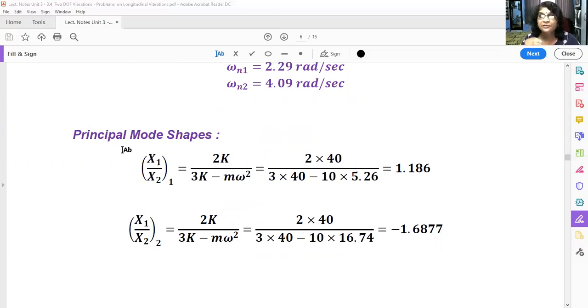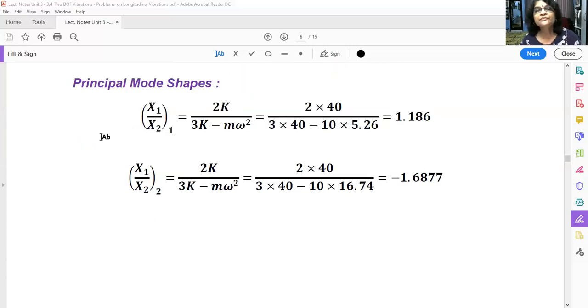And the third category is if every point on the system vibrates with the combination or the superposition of both the natural frequencies, that is known as a general mode shape, and that is not for your syllabus. For your syllabus, there are only principal mode shapes.